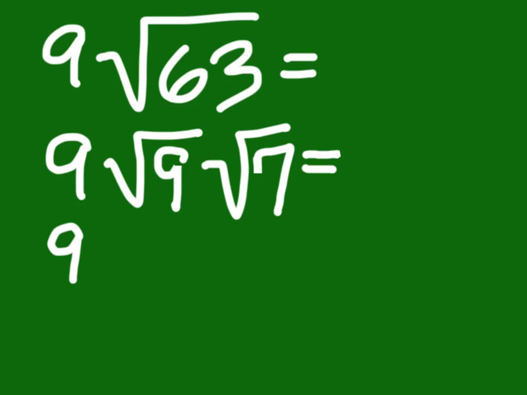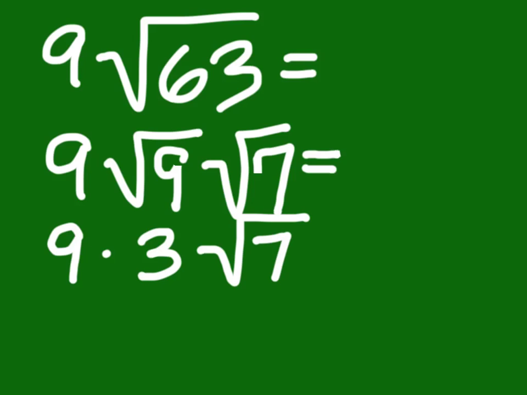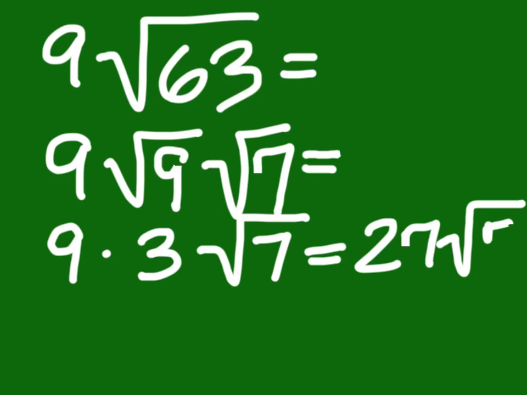The square root of 9 is 3. 9 times 3 is 27, times the square root of 7. If you can no longer find a perfect square that comes out of the number under the radical sign, then you're finished simplifying. There are no perfect squares that divide evenly into 7.